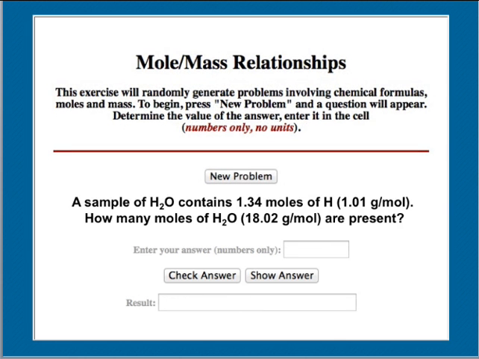A sample of water contains 1.34 moles of hydrogen. How many moles of water is this? Well, again, the logic is going to be the same. We need to come up with a mole ratio of hydrogen to water. And clearly that's going to be 2 to 1. Our given here is hydrogen, so we need to make sure moles of hydrogen is in the denominator.